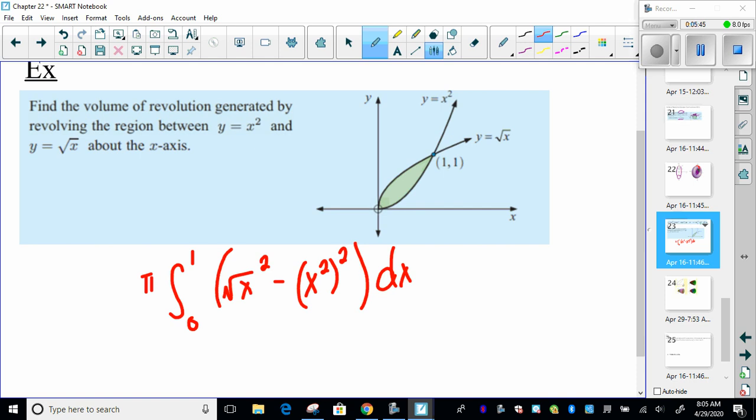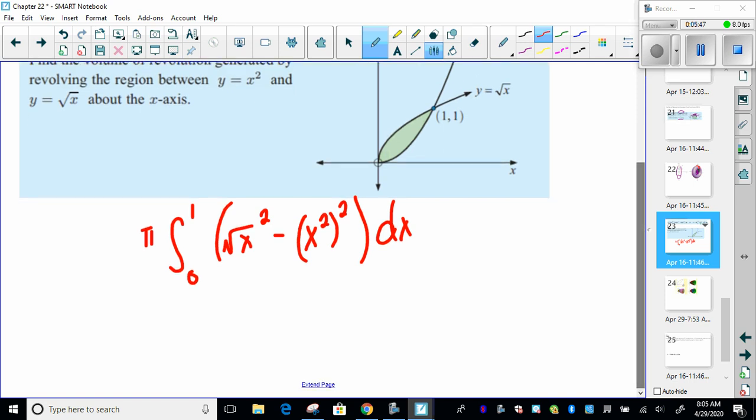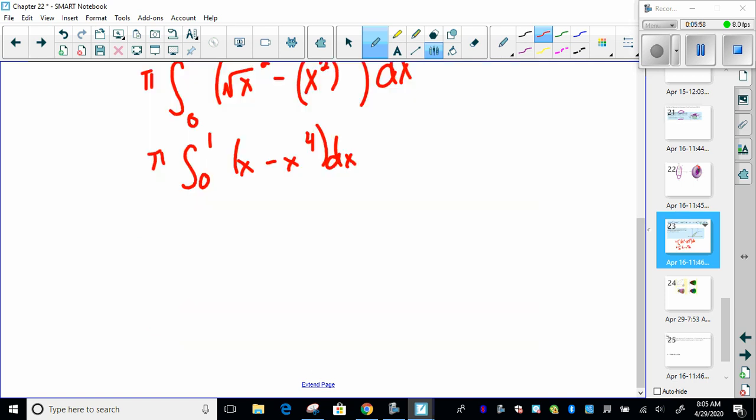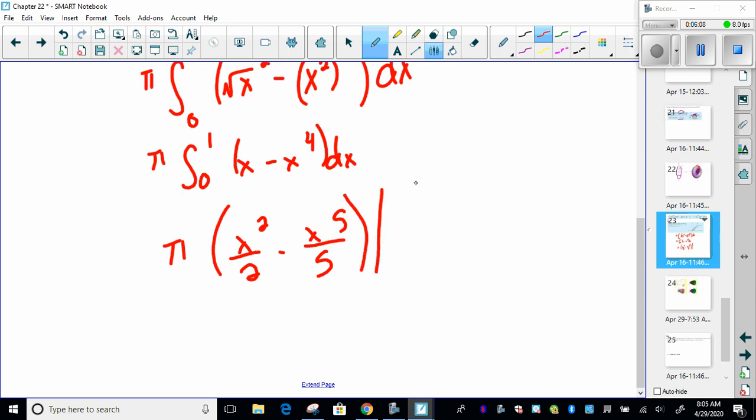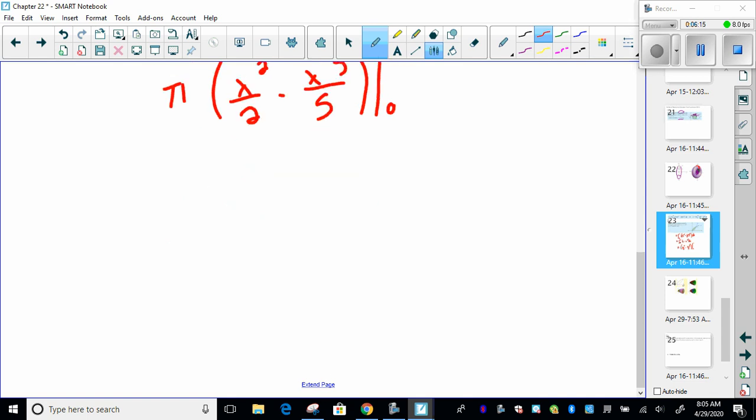So now I'm going to simplify that, and then we are going to evaluate it. So this is pi times the integral from 0 to 1 of x minus x to the 4th dx. Integrating this, we get x squared over 2 minus x to the 5th over 5, times pi, from 0 to 1. Then I just plug each of those in.